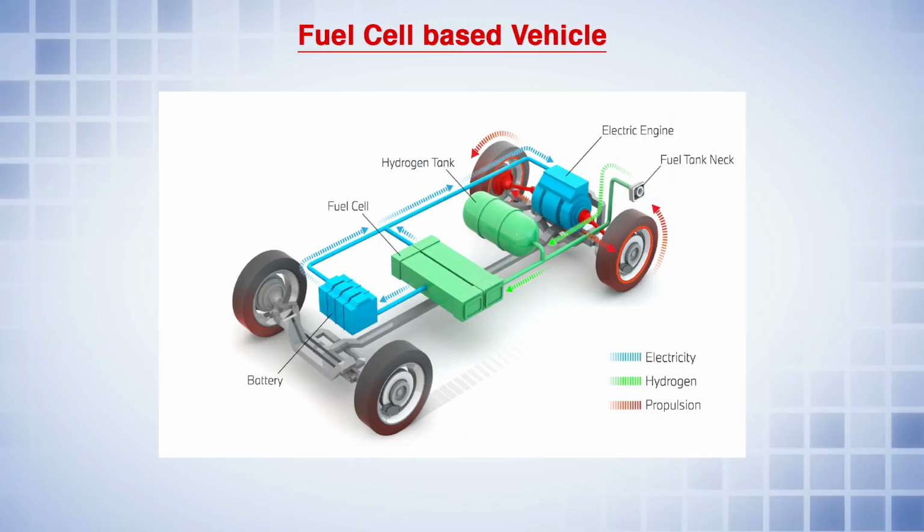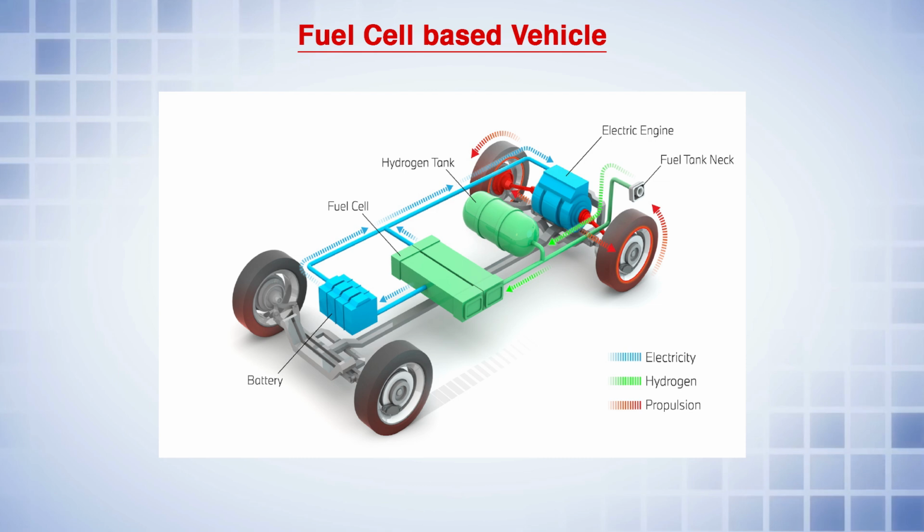Let us understand how this fuel cell can be used for a vehicle. As you can see, I have taken this particular figure from BMW. Here you can see there are 3 different color codings: the first one is blue, the second one is green, and the third one is red. The green indicates the hydrogen section. We have the hydrogen tank where hydrogen is filled as a fuel, and then we have a fuel cell section.